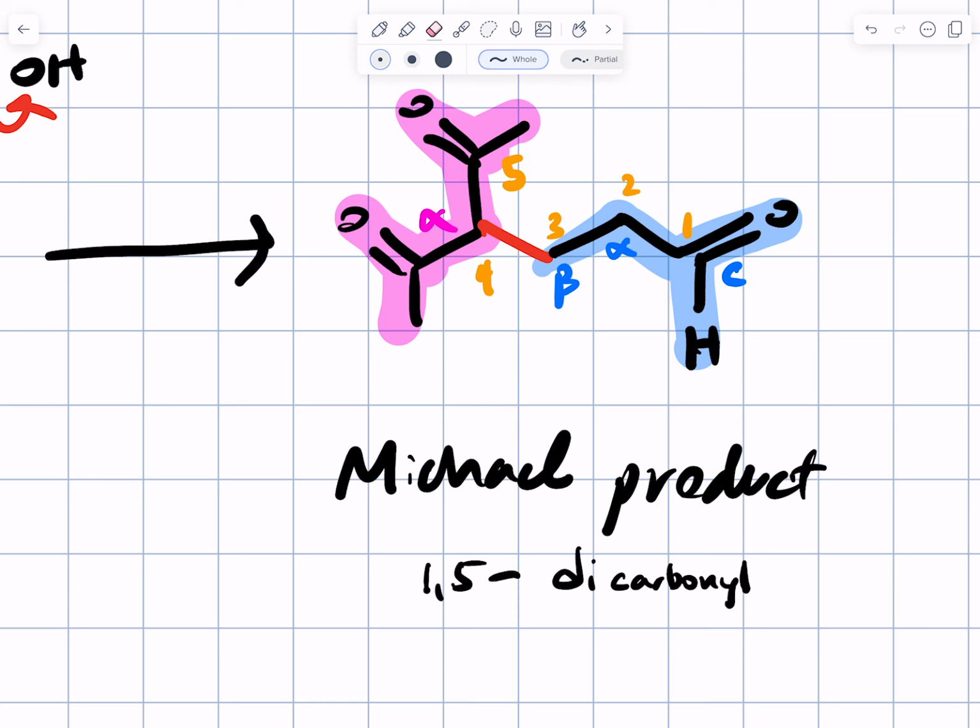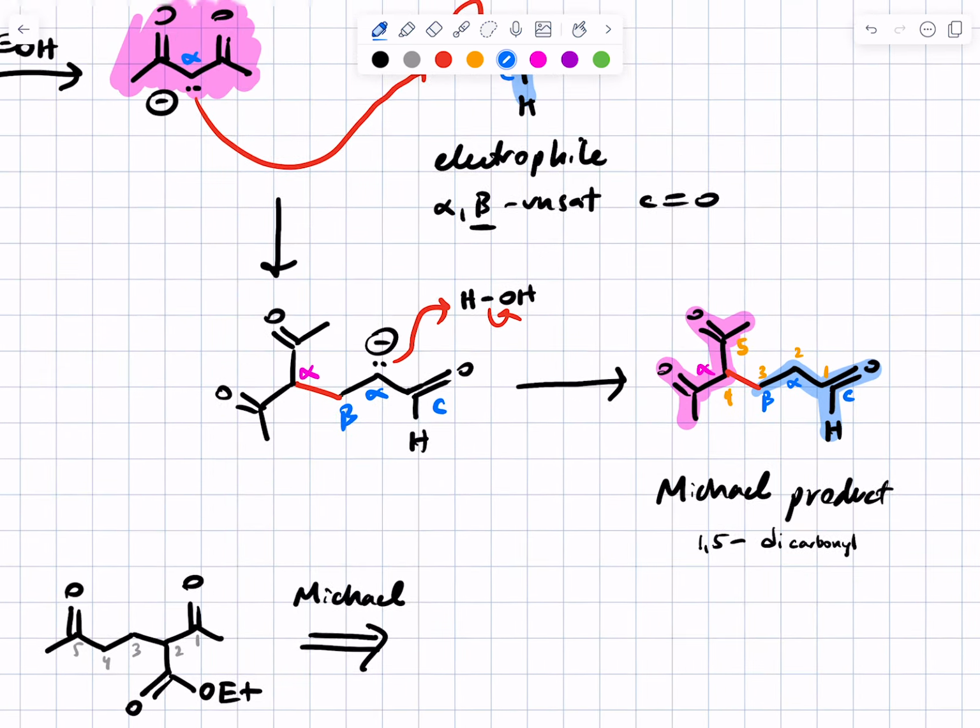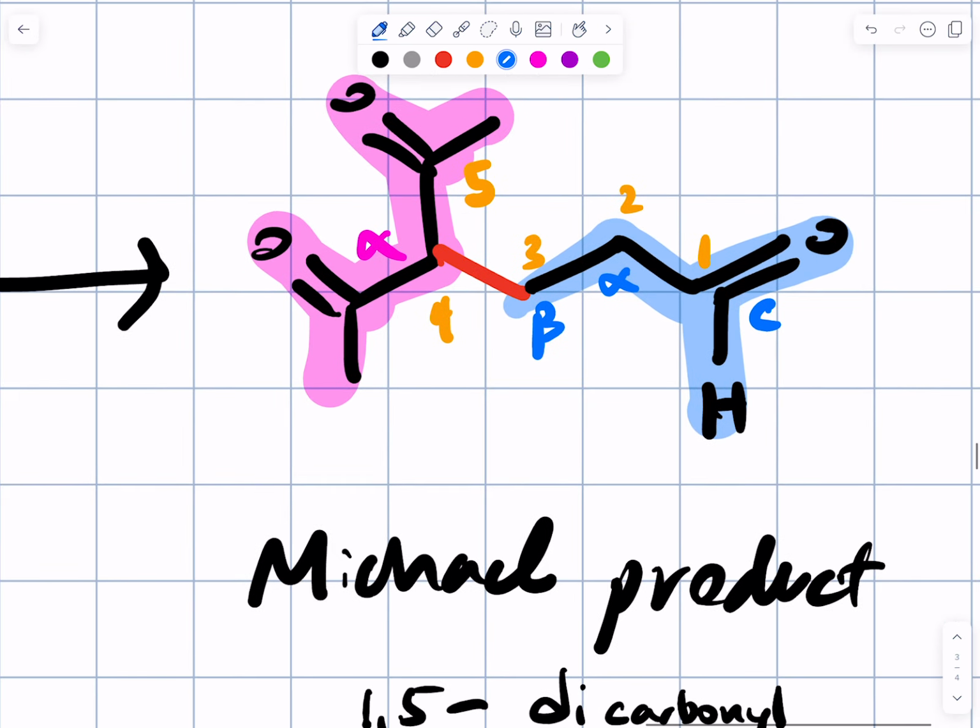we've said that the two carbonyls are 5 carbons apart. Relative to the carbonyl carbon of my alpha beta unsaturated portion of the molecule, the blue portion, the alpha carbon of my pink enolate is gamma relative to the blue carbonyl compound. I think I just made that terrible. Let me try that again.